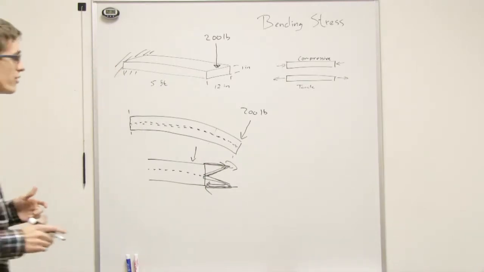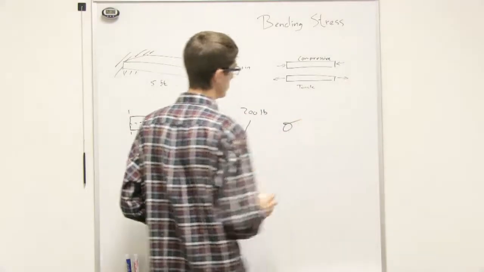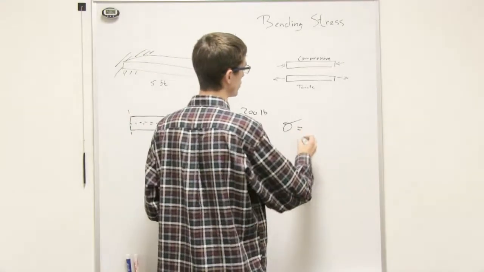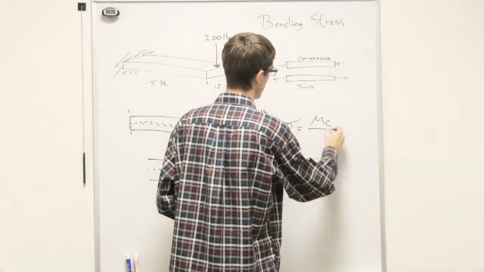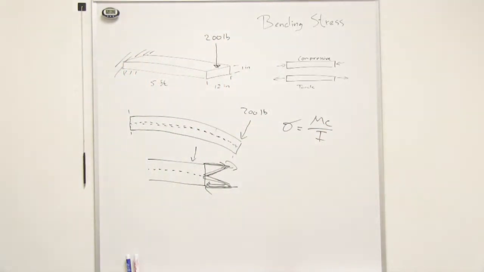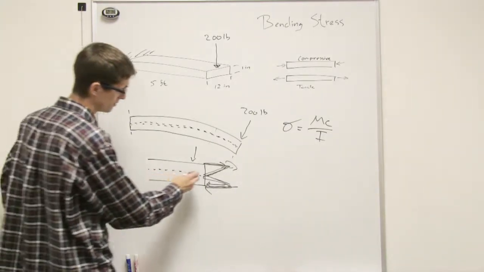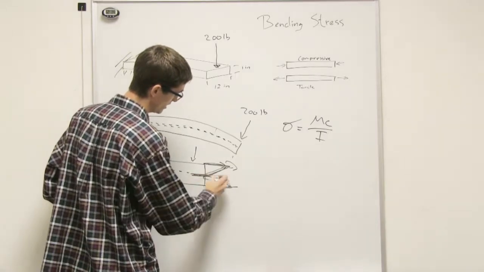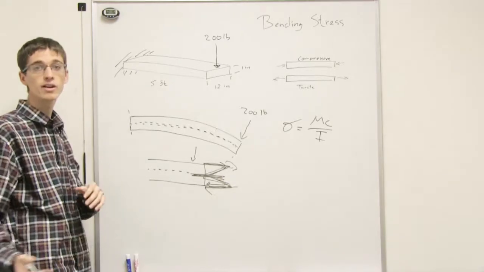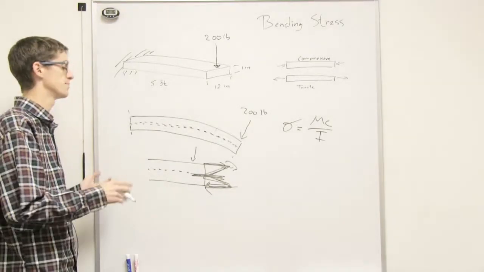The equation that we use for that is sigma, for our normal stress, equal to Mc over I. Now, I is your moment of inertia. Your c dictates where you're trying to find the stress. It's the distance from the centroid, which in this case is right there, to wherever you're trying to find the stress.